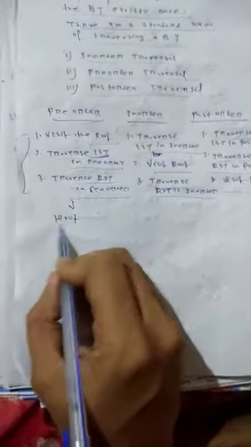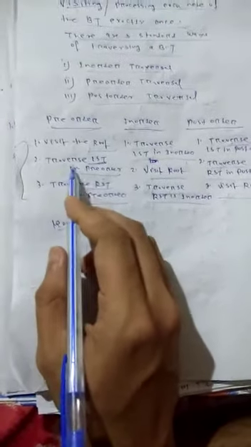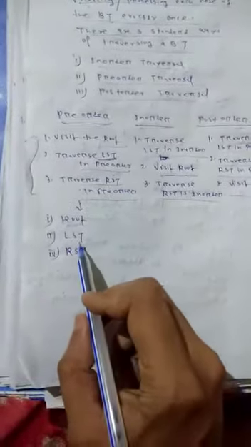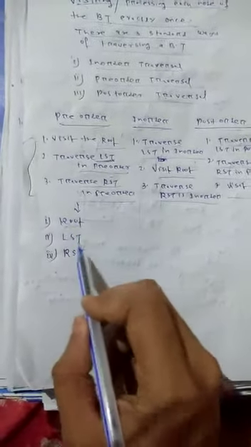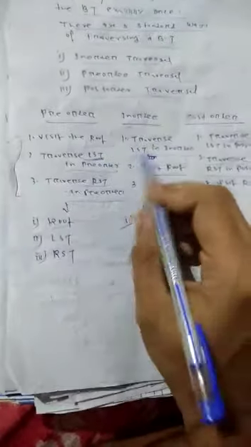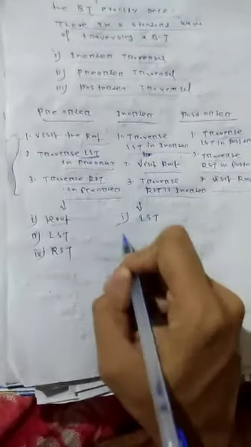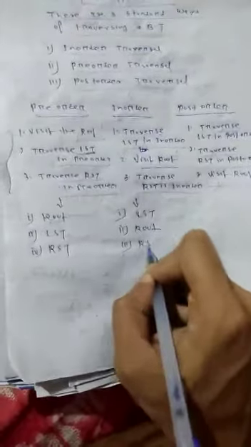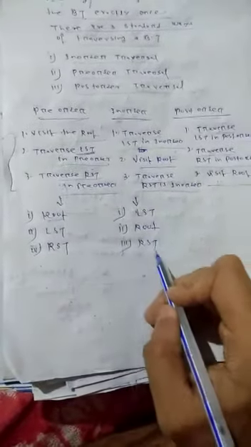The next step is to traverse the LST in pre-order, then traverse the RST. This is the first, second and third step for pre-order: root, then LST, then RST. In in-order, it first traverses the left subtree, second is the root, third is the right subtree: LST, root, RST.